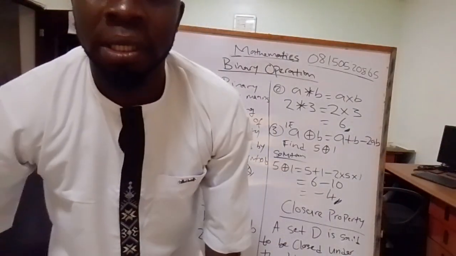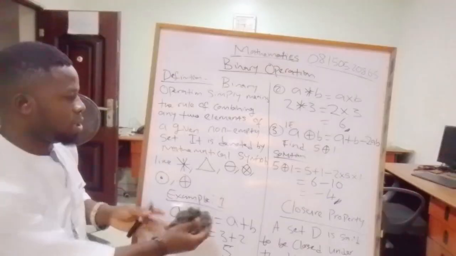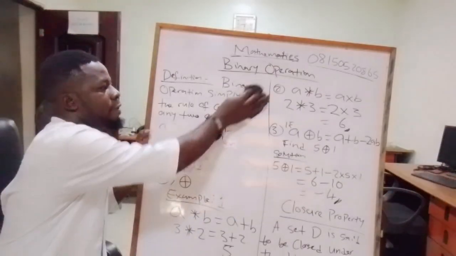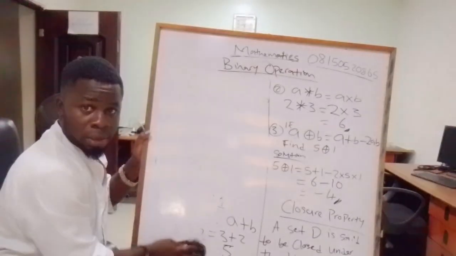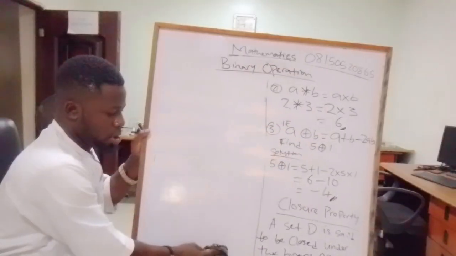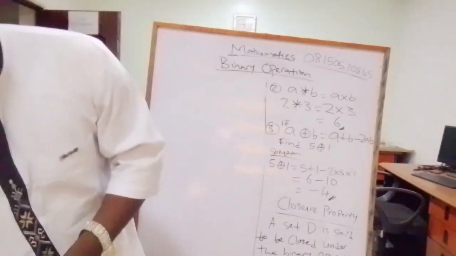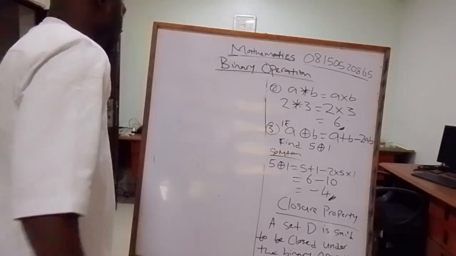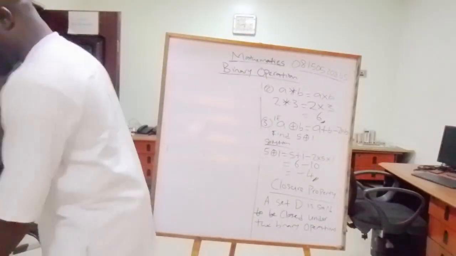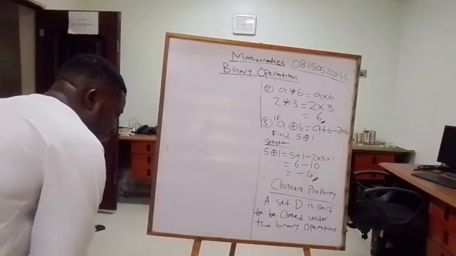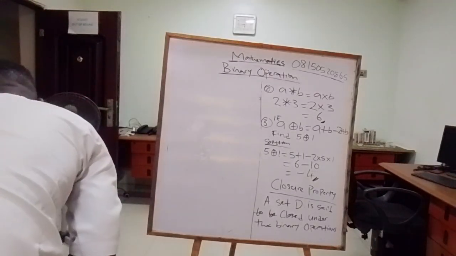That place is not showing. Let me write it in this place so that we can see it properly. So what I was writing there is: a set is said to be closed under binary operation.